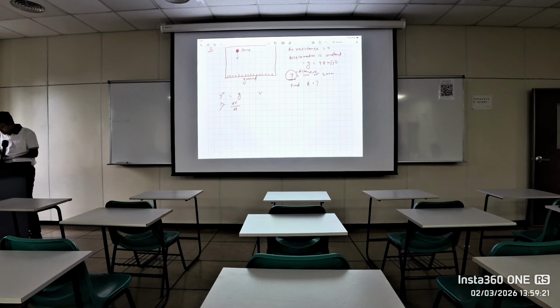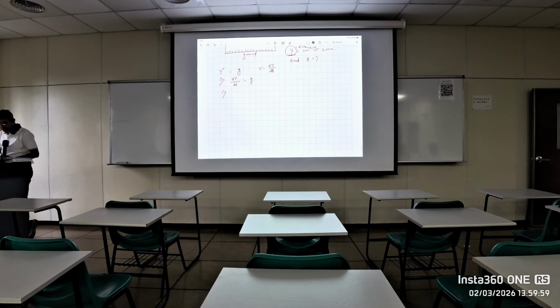What is v? v is nothing but dy by dt. So dv by dt is equal to g. So I can write dv is equal to g dt.